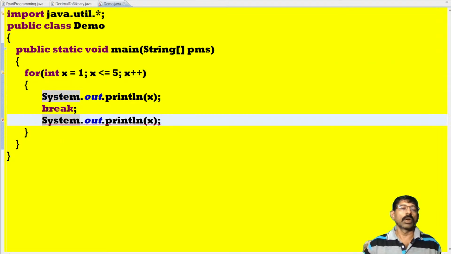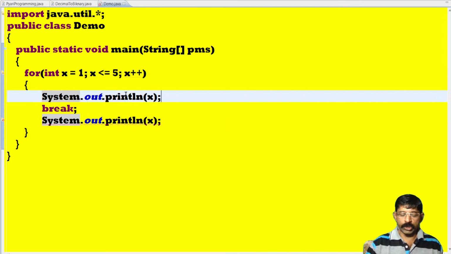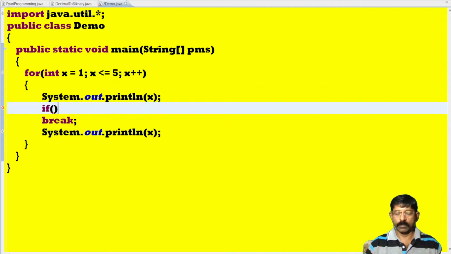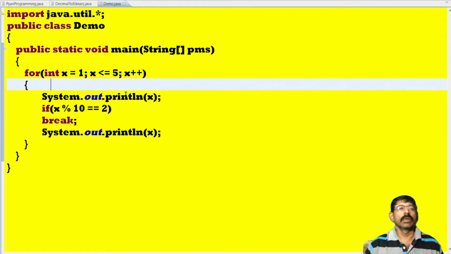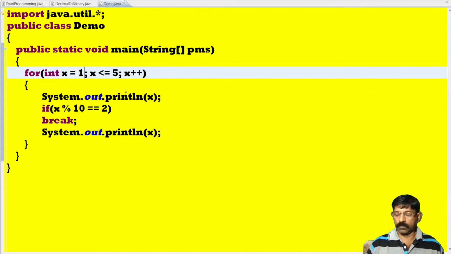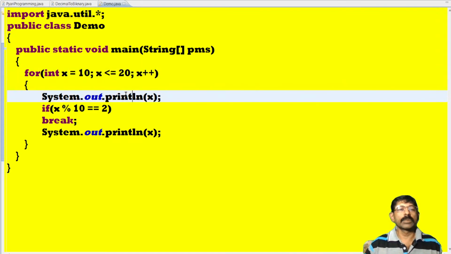Yes, understood. Now I am using a condition over here. If x modulo 10 is equals to 1 or 2, I can say. Here I am iterating from 10 to 20 and I am displaying this one.